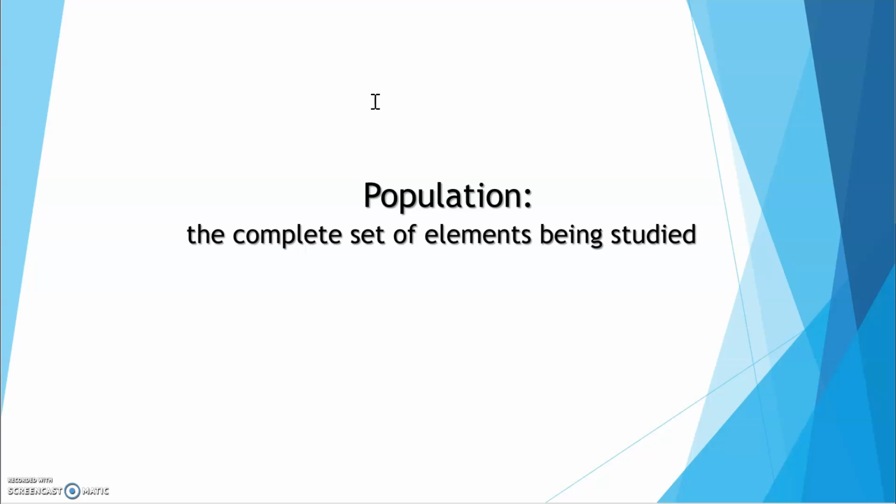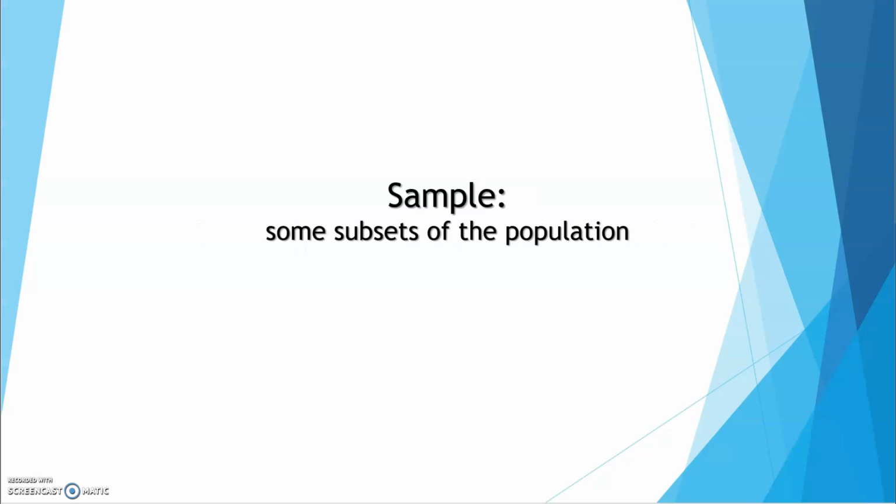Okay, now population is just the complete set of elements being studied. If I said that we are looking at a classroom, well, your population would be every single person in that classroom. Whereas a sample, like it says right here, is just a subset or just a few from whatever you're looking at.